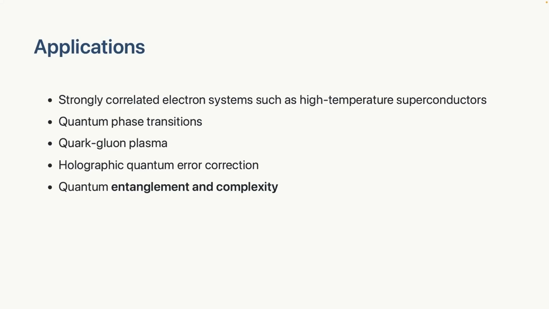holographic quantum error correction. I'm going to just talk about entanglement and complexity in the next few minutes, and I'm really just going to scratch the surface. I'm going to go through it really fast, because to go into any depth, whether the entanglement part or the complexity part, you can talk about it for a semester.